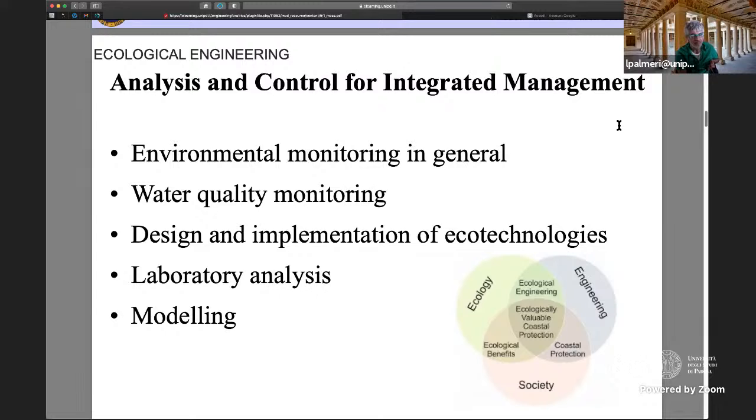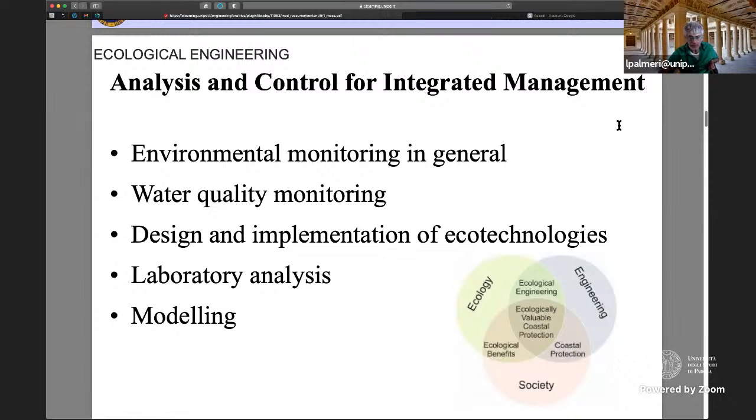But the step forward that is given by the ecological engineer is that of building a description or a paradigm or a model of the system I am observing. So building a model means synthesizing the analytical data coming from laboratory analysis into a synthetic outcome that is given by the model.